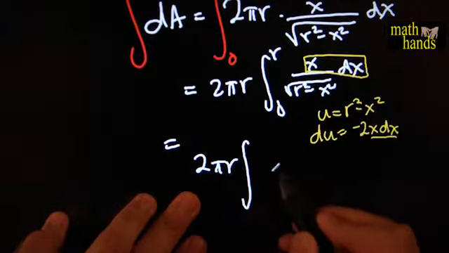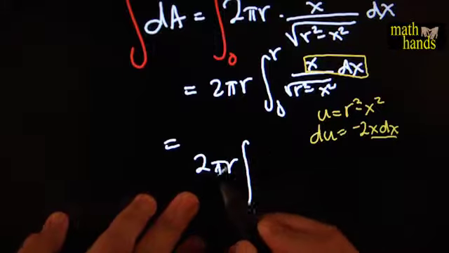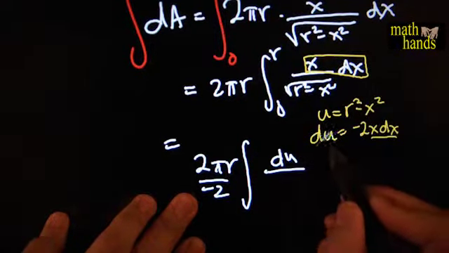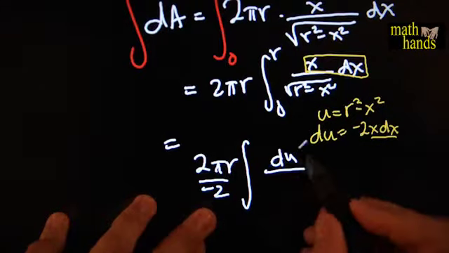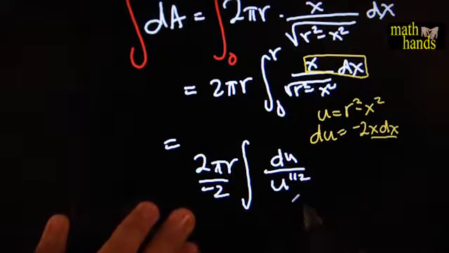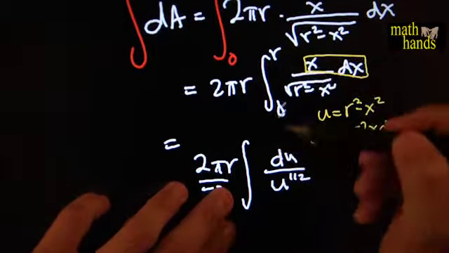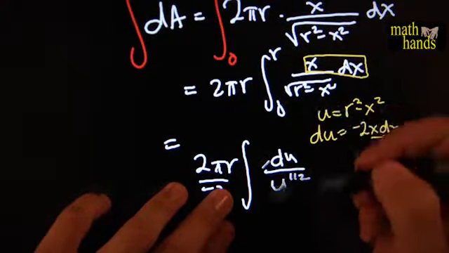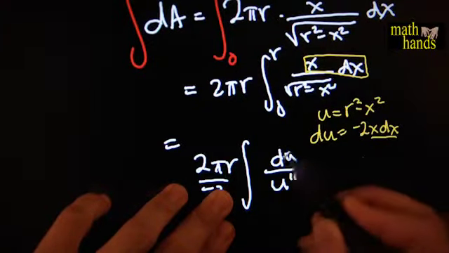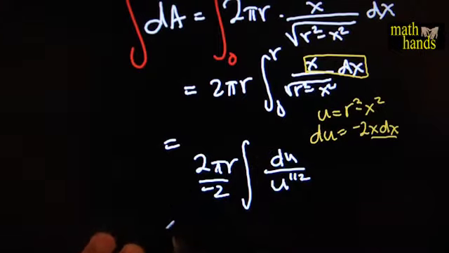This would be the integral with a negative 2 out here, du. There I go, substituting the du divided by the negative 2. On the bottom, I'll have u to the 1/2. Again, it's tempting to put these limits 0 to r, but it's actually a bad idea because these are x limits, and so you wouldn't want to put them on a u integral.